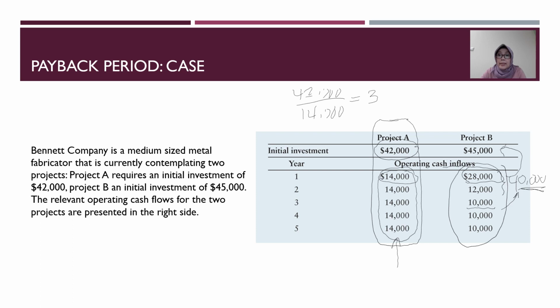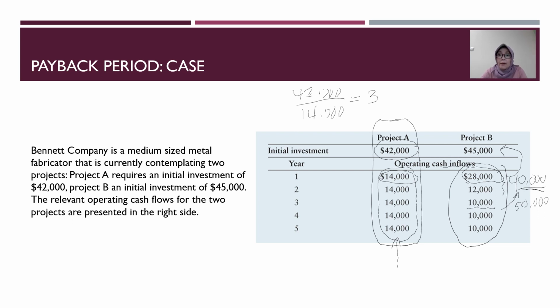So what is the amount altogether? It is 50,000. But if you compare to the initial investment that Project B has, this is way too much. So this already covers all the investment and even more.